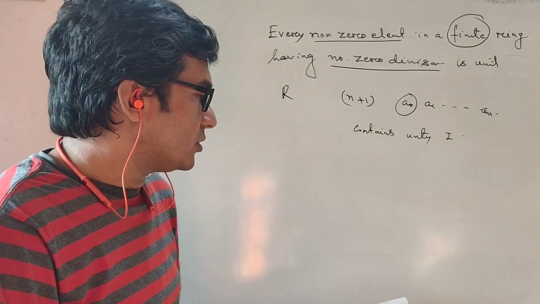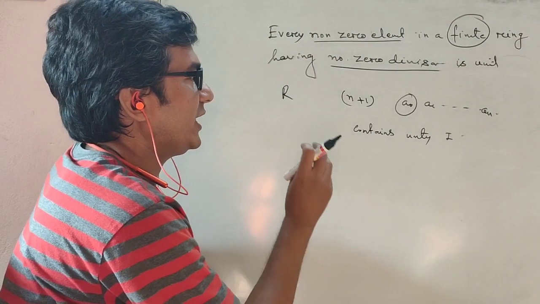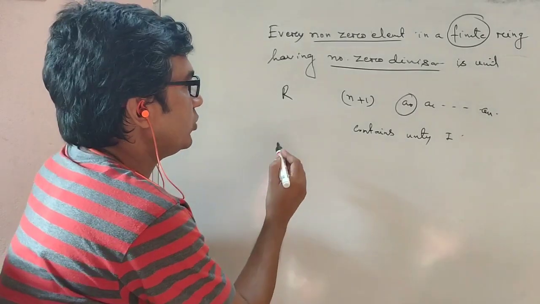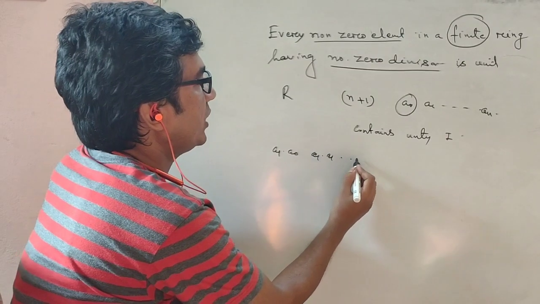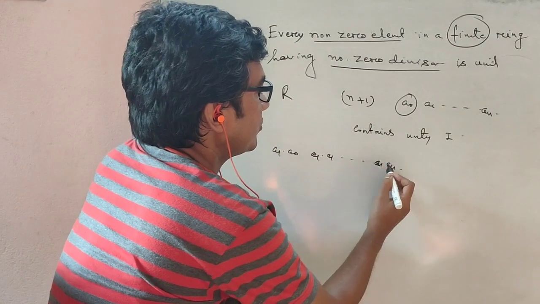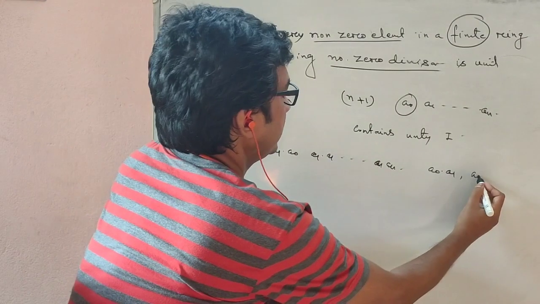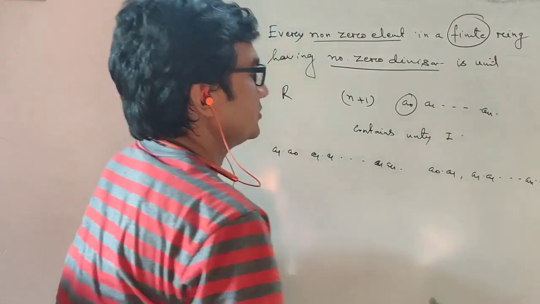Now if we multiply by A1 from the left and again from the right, we get A1 A0, A1 A1, up to A1 An, and from the right we get A0 A1, A1 A1, up to An A1.